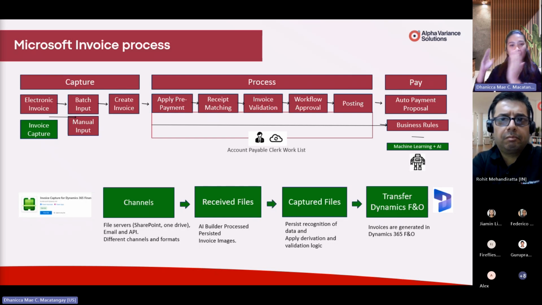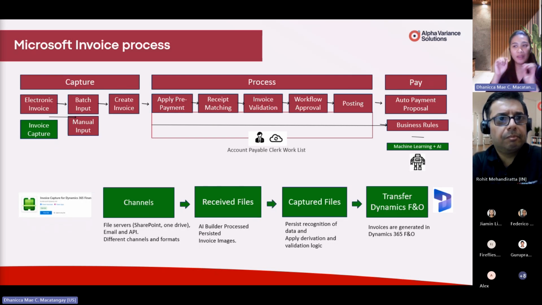We can set that up in the process flow, so that whenever I receive an email with, let's say, a subject or a body that is named invoice, the invoice capture application will capture that for us through this channel.